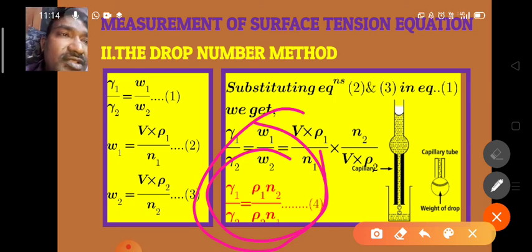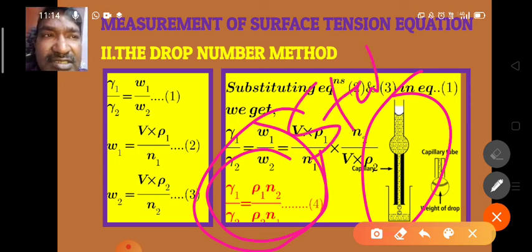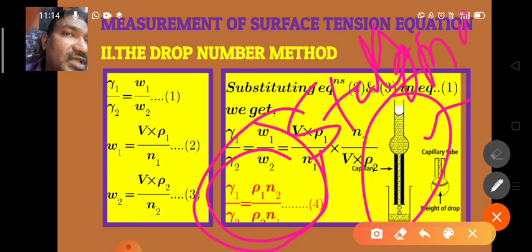In this experiment, first of all we have to wash the stalagmometer cleanly. This is known as the stalagmometer. You have to wash it with chromic acid, and then with the liquid whose surface tension is to be determined.